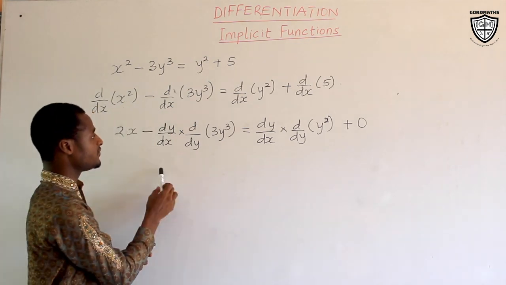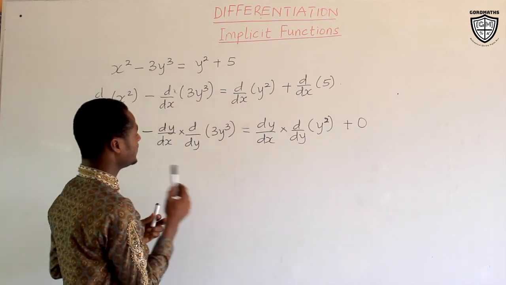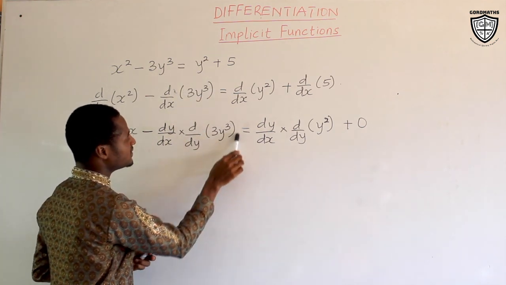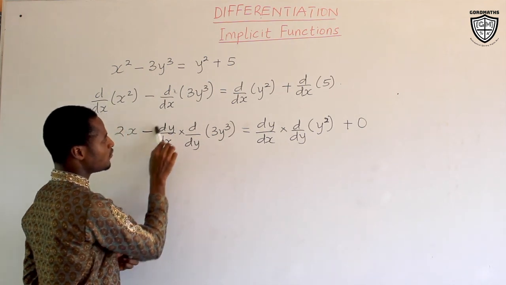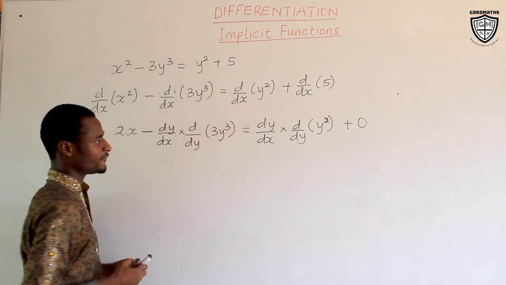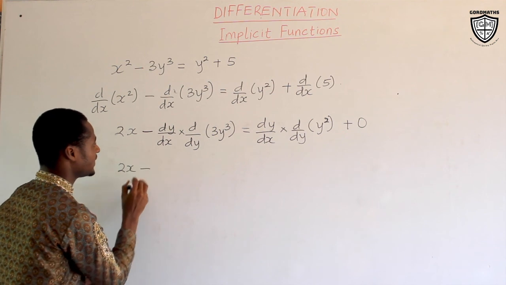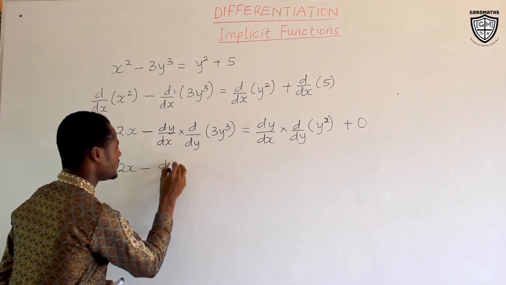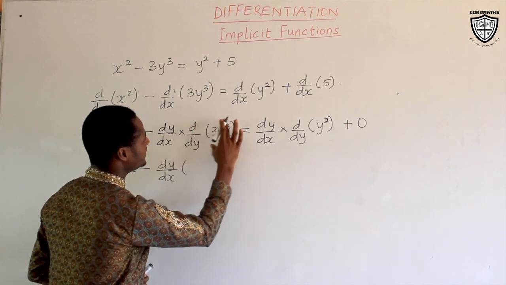So this simply means that when we have the function in terms of y, then we will rather differentiate it with respect to y and multiply the answer by dy/dx, which will give us the same as d/dx of the function.